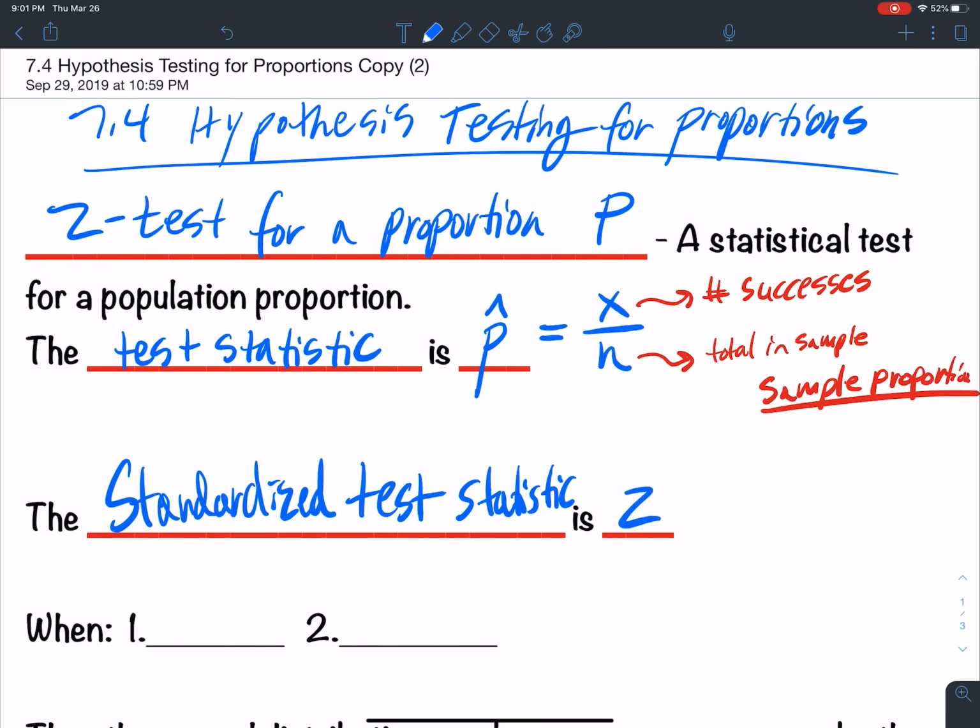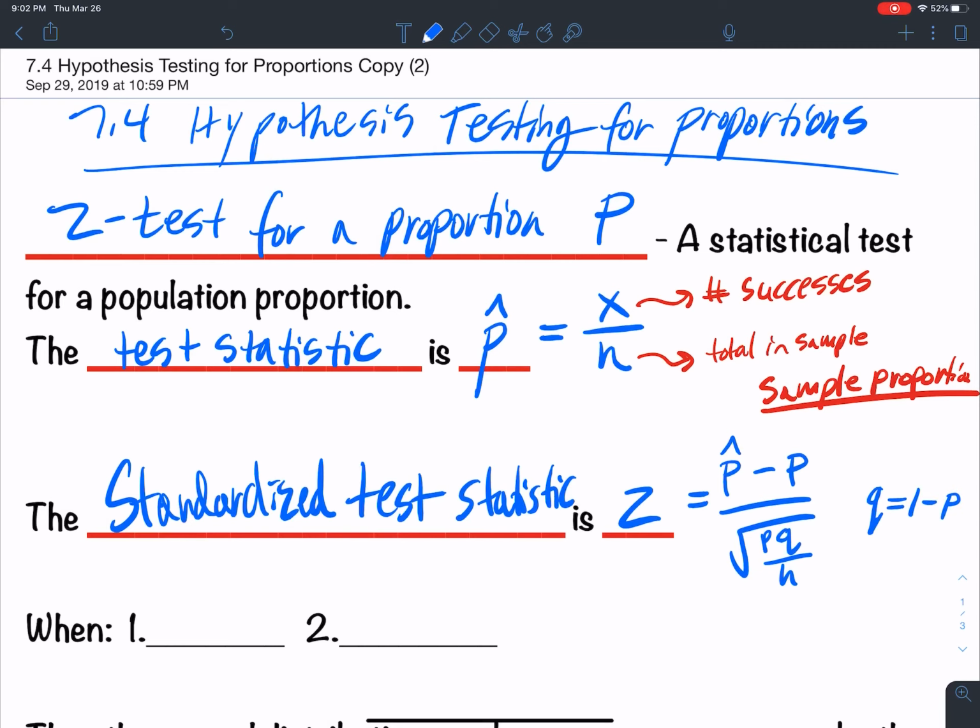z is equal to p hat minus p over the square root of p times q divided by n. Now, if you've forgotten, if p is the probability of success, q is the probability of failure, which is the complement of success, 1 minus p.